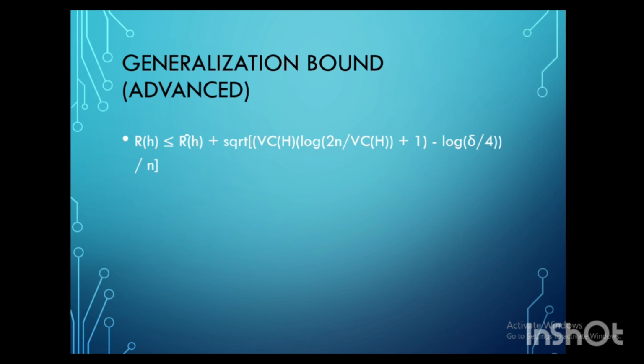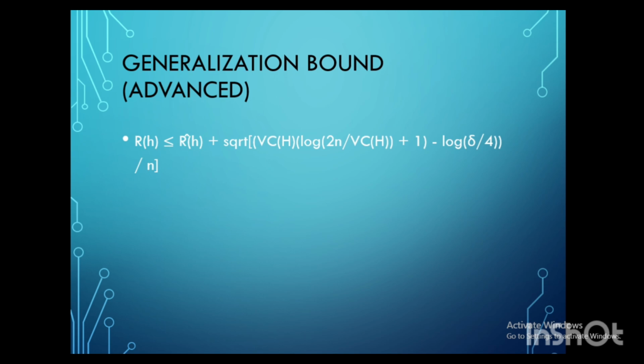Here is the equation of VC dimension, where R is less than, in parentheses, the training error plus the complexity term. Here the training error is R of S, VC is the VC dimension, N is the number of training samples, and delta is the confidence level.